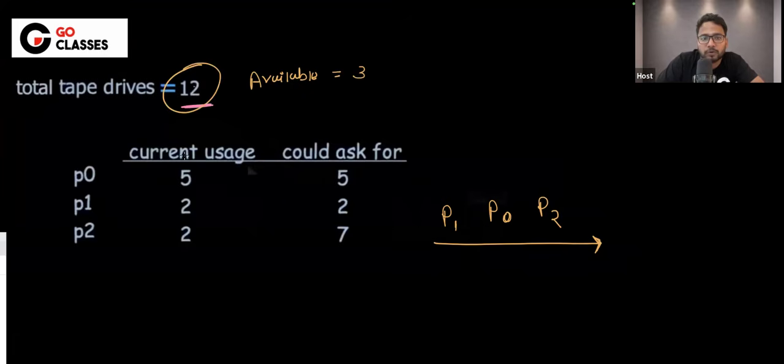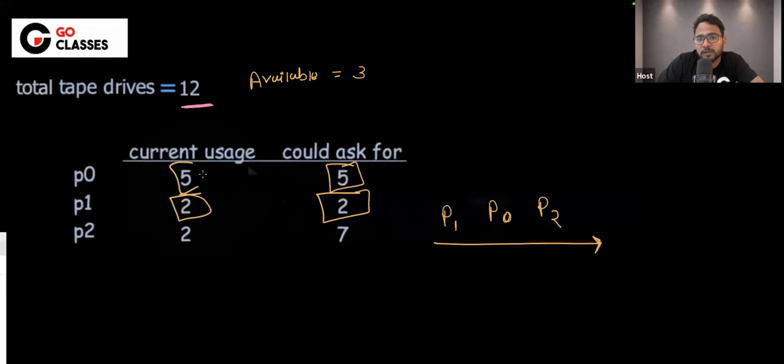Out of 12, you have already allocated this much. So 3 is current available. Out of this 3, you can first fulfill this. Okay. Then you will be having 5, and then you can fulfill this. Then you will be having 10. Then you can fulfill this. Then you will be having this 12. Okay. So basically, you're reclaiming what you have already allocated. So P1, P0, P2 is a way to go.